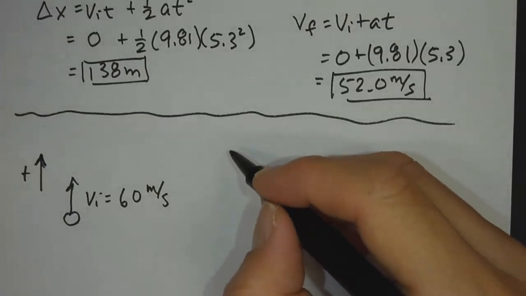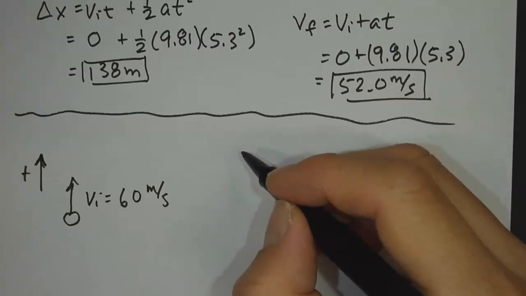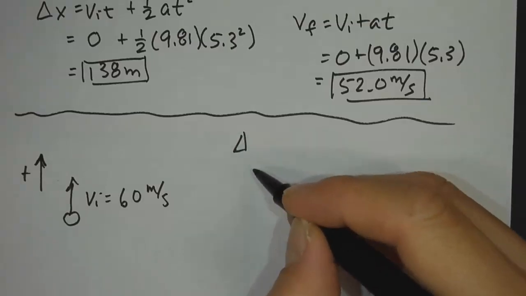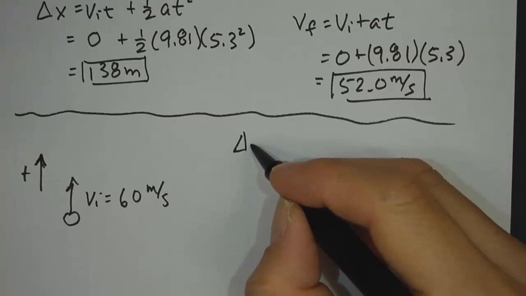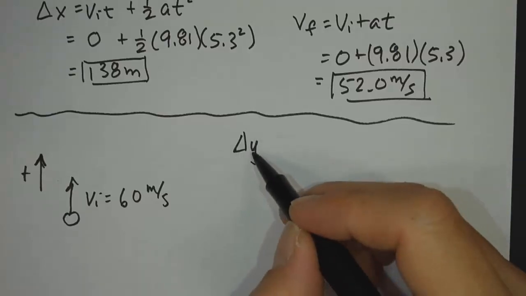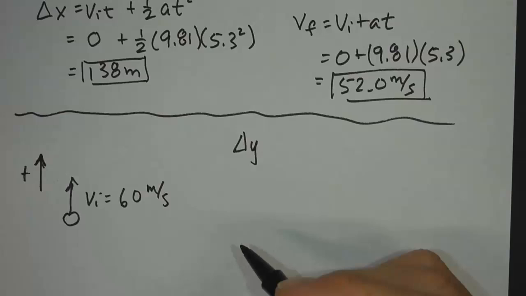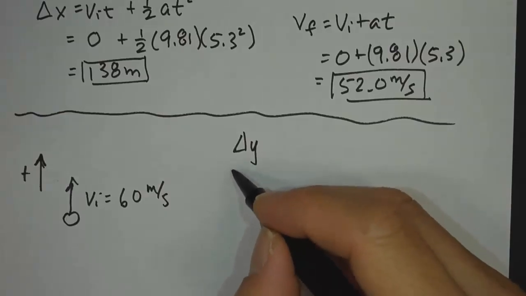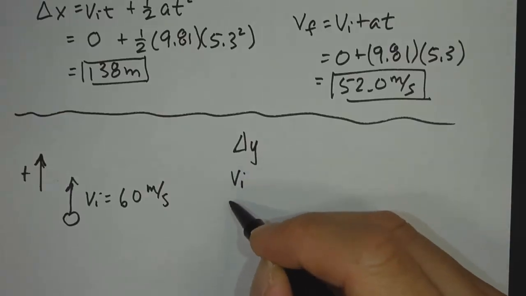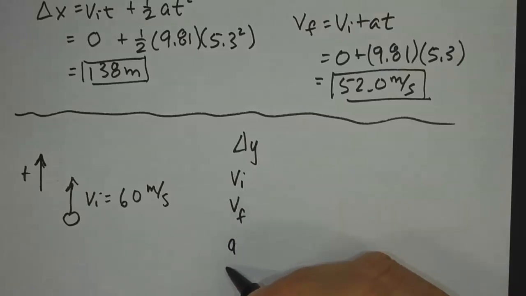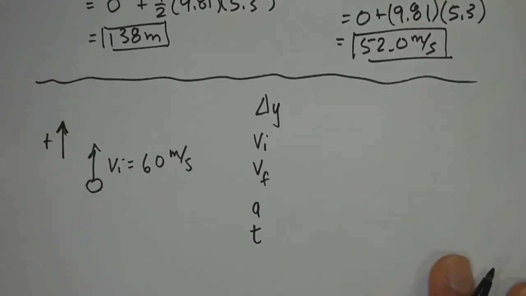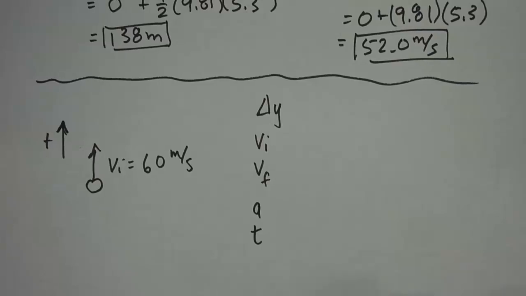So I'm going to start with my variables chart. Instead of delta x, I'm going to use delta y because this is vertical. So delta y, vi, vf, a, and t. It's just like any kinematics problem, except now we're dealing with this problem vertically.